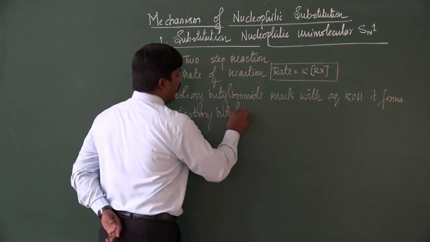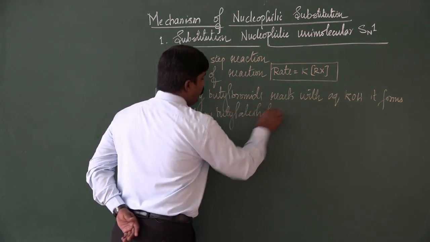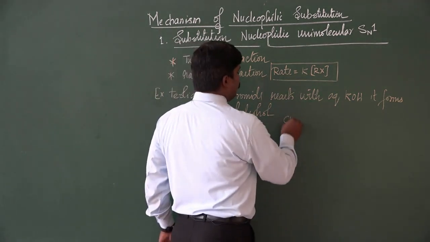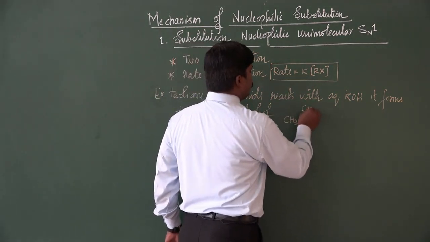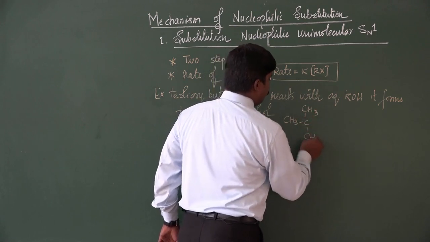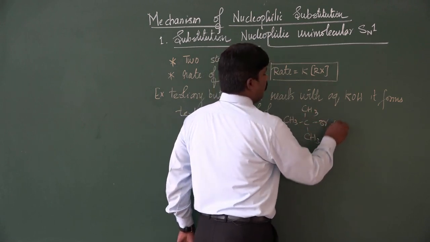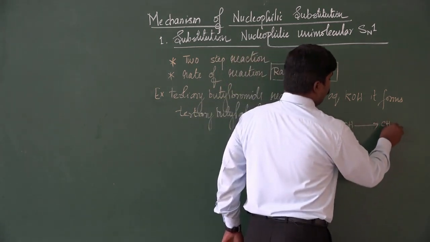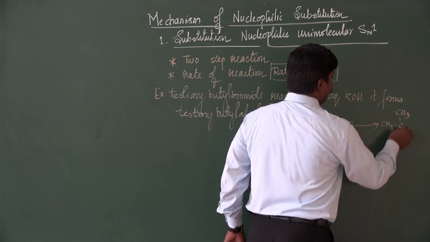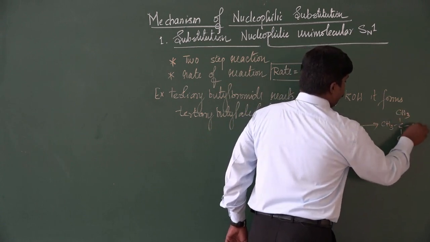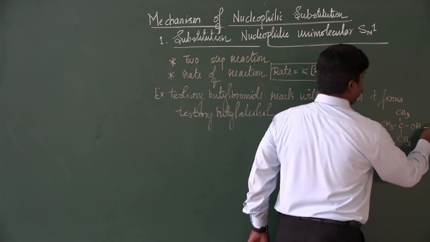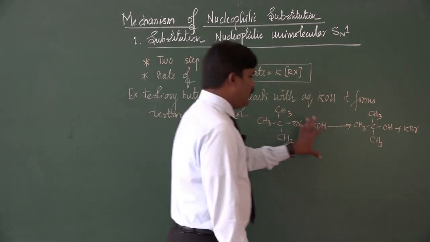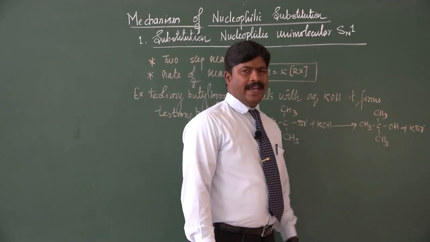How the reaction proceeds, I will write here: (CH3)3C-Br with KOH, potassium hydroxide, you will get tertiary butyl alcohol, (CH3)3C-OH, plus KBr. So tertiary butyl bromide reacts with KOH to give tertiary butyl alcohol.